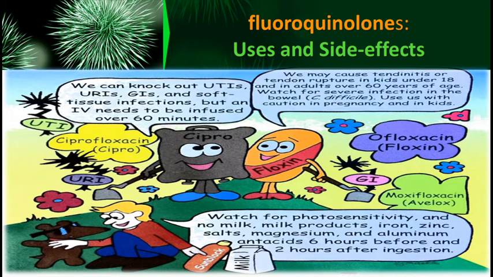So by means of inhibition of certain forms of DNA enzymes needed for replication or reproduction, the bacteria can be compromised. They can eventually lead again to bacterial cell death.